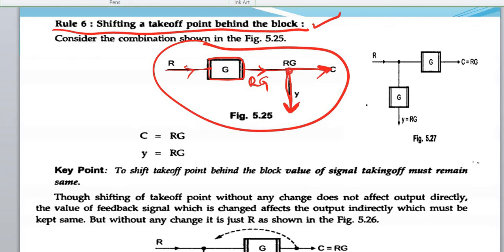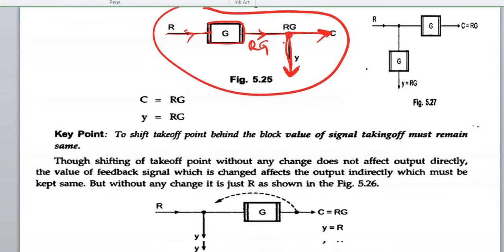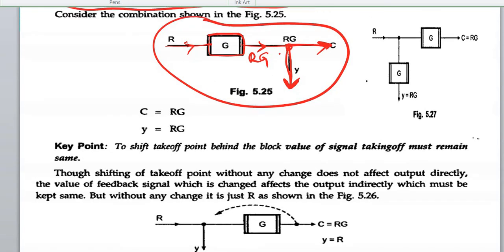So this takeoff point I want to bring behind this G. If I have to bring it behind this G, then in the path of Y, I have to introduce the same block in series with Y. So that is rule number 6.